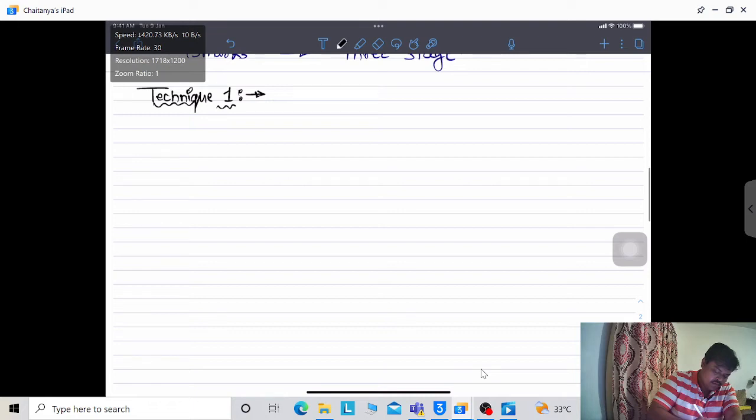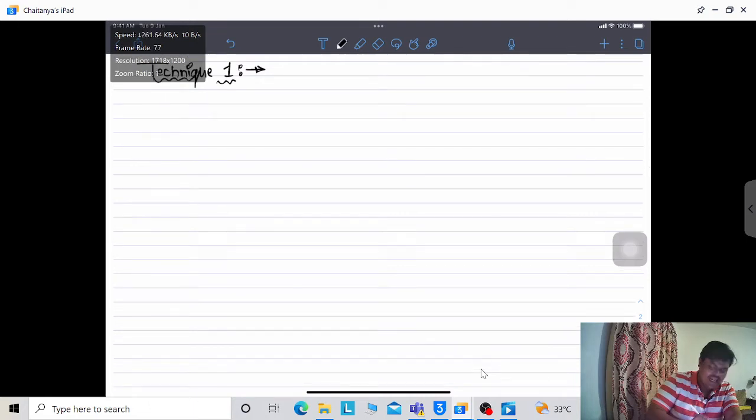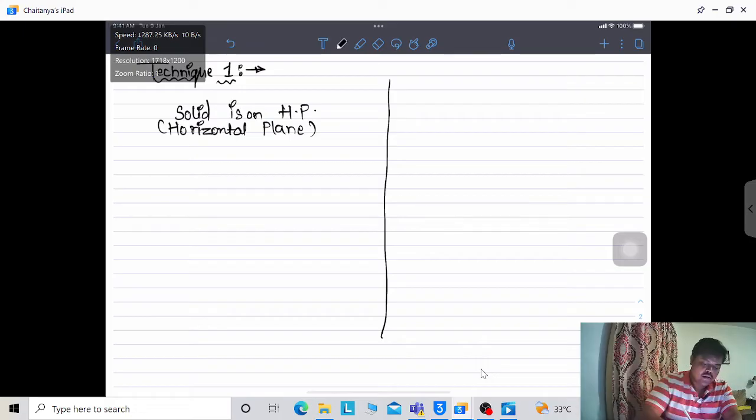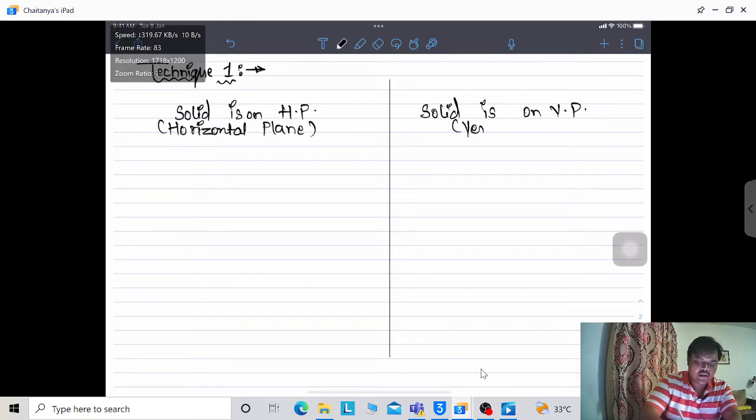Just identify if the solid is on HP, that is horizontal plane, or else there may be a second case that the solid is on VP, that is vertical plane. There are only two possibilities.